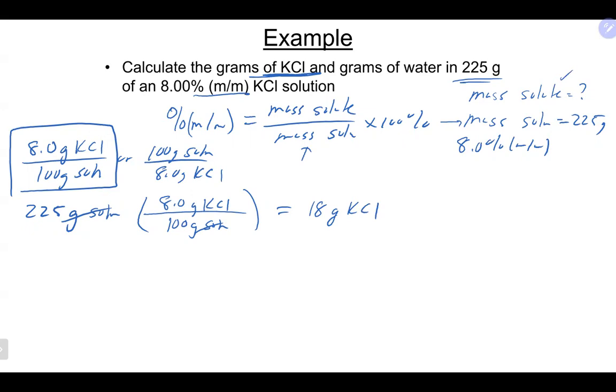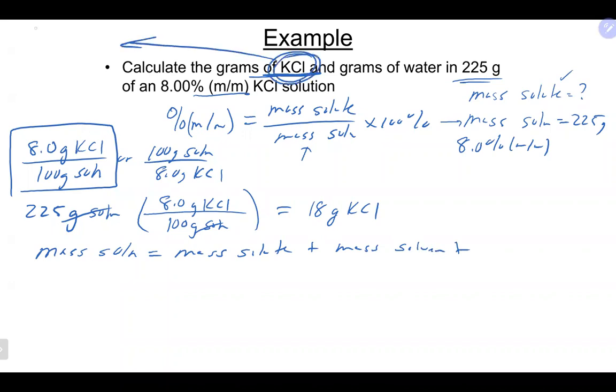The second part is we're looking for how much water is here. We have the mass of the solution, which should be the mass of the solute plus the mass of the solvent. In this particular case, this is an ionic compound, which means the solvent is most likely going to be water, which is why they're asking about water. Water is a really good solvent for things that are ionic.